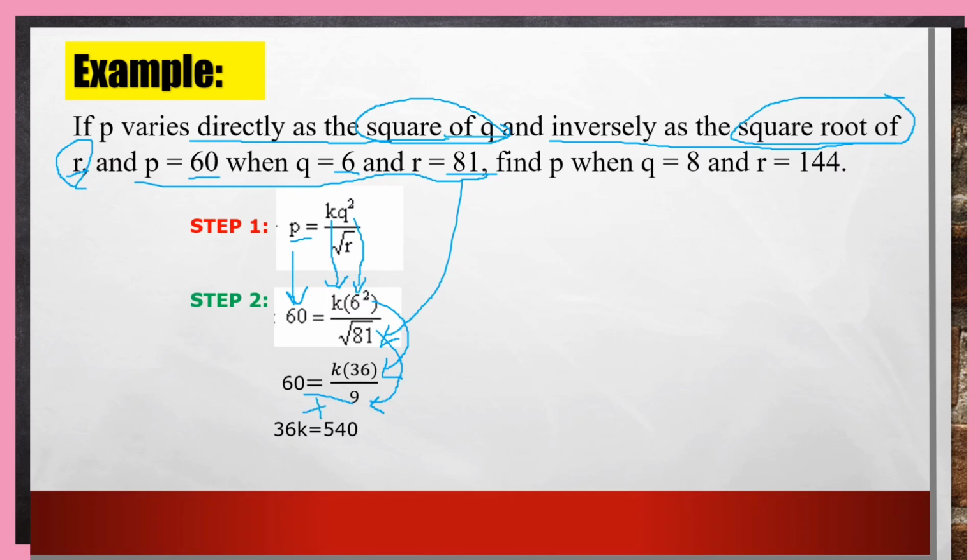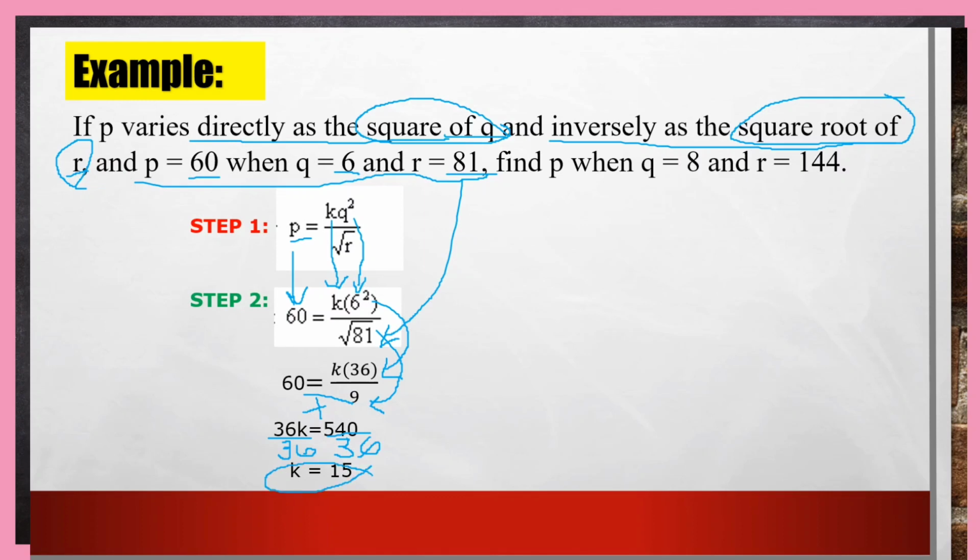Then let us divide this equation by 36 to be able to get the value of our k. So we have 36k divided by 36, which is k, and 540 divided by 36 is 15. So the value of our k now is 15.